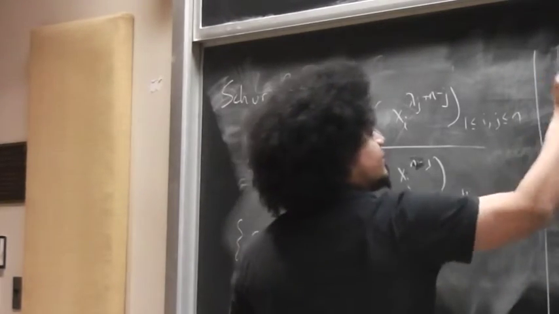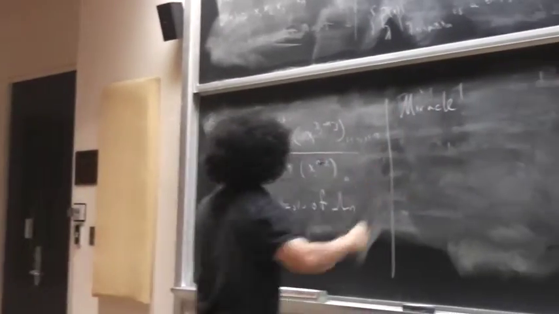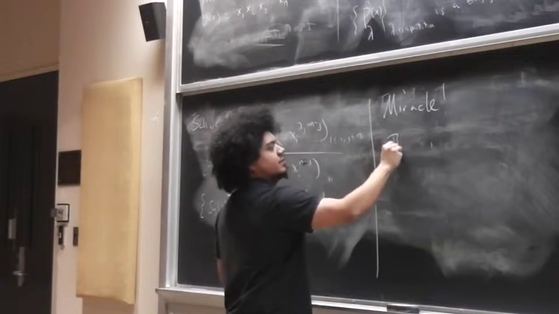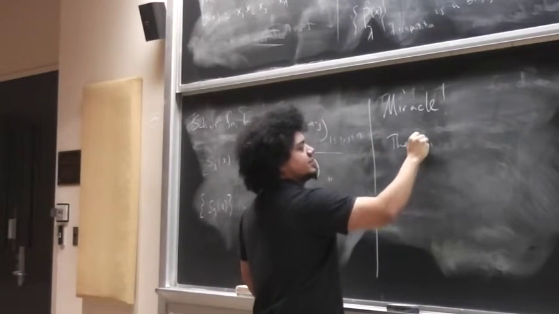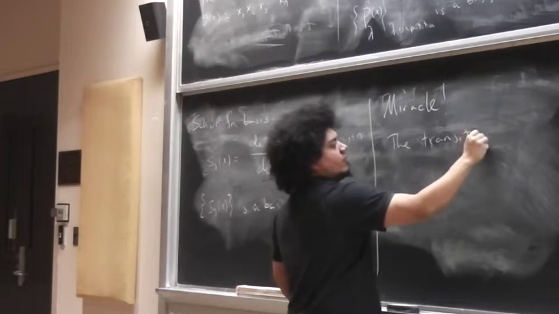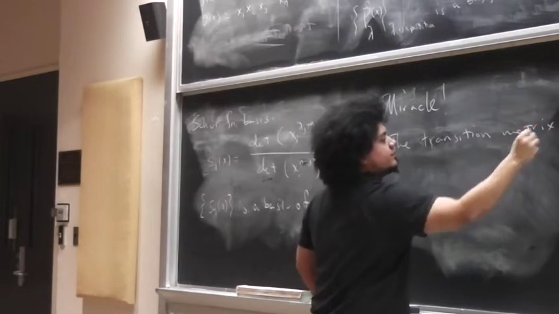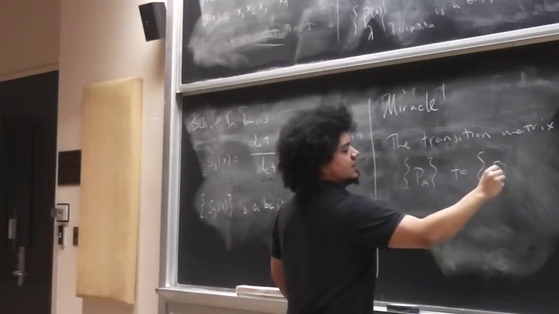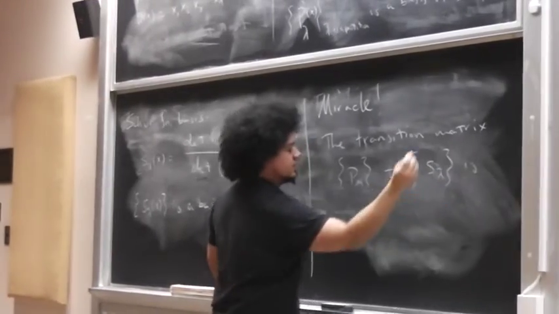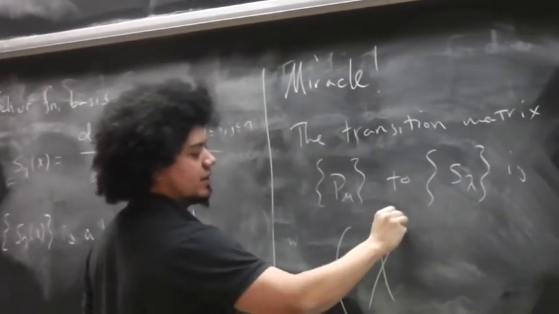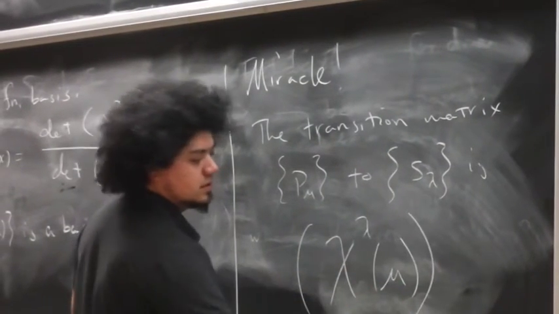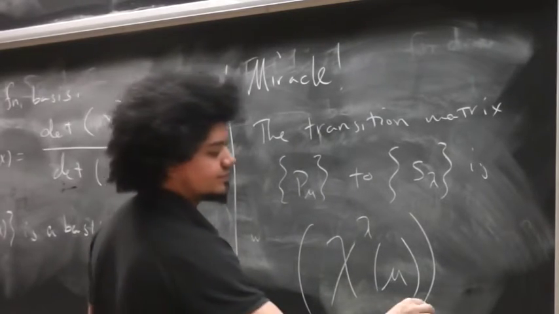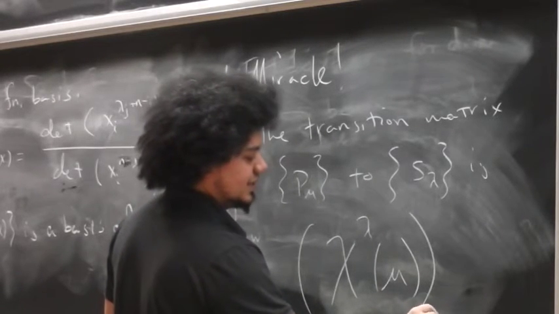And so, miracle: the transition matrix from p mu to s lambda is precisely the character table of the symmetric group. All right, great. So let's just leave it at that.